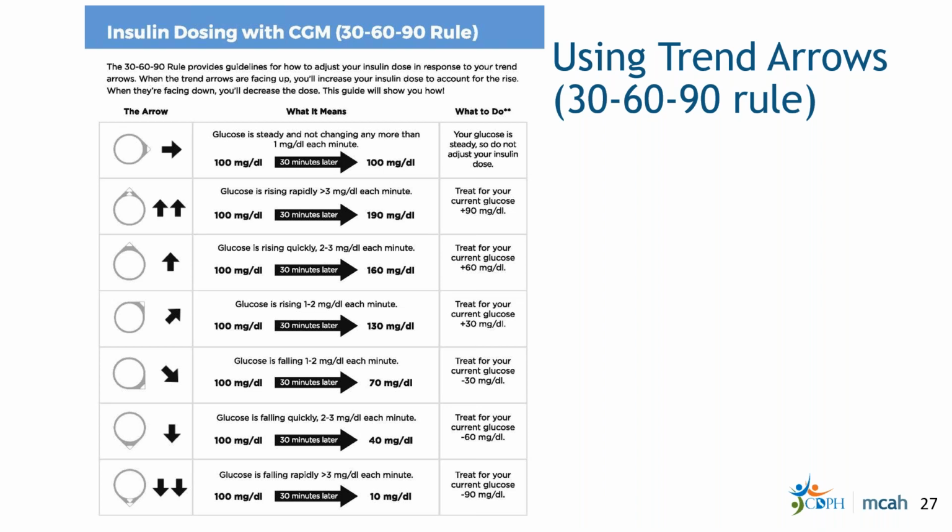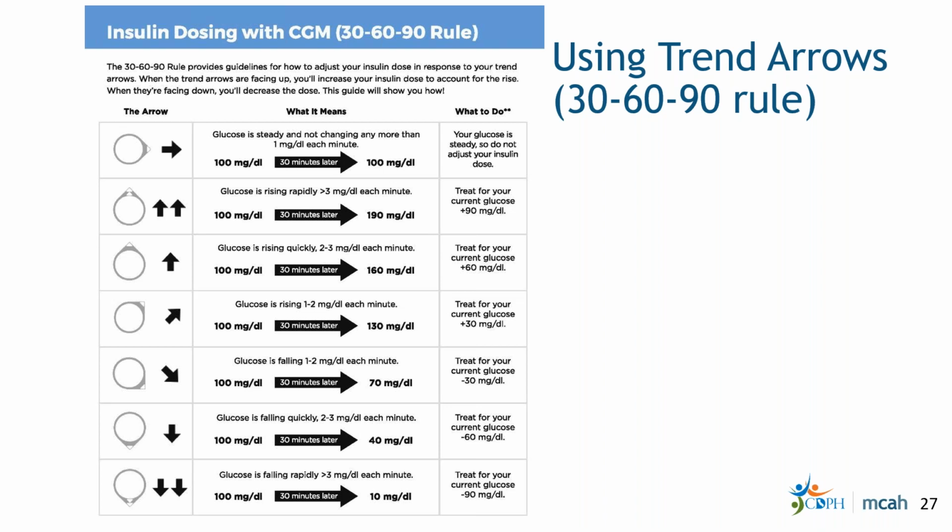And so especially for anyone on a connected pen or an insulin pump, where it's going to keep track of active insulin, meaning if she recently gave herself insulin to correct a glucose value, she can feel comfortable to give herself more because it's going to keep track of how much insulin is still working.